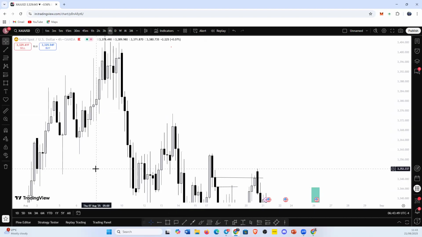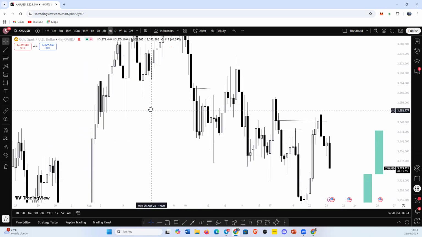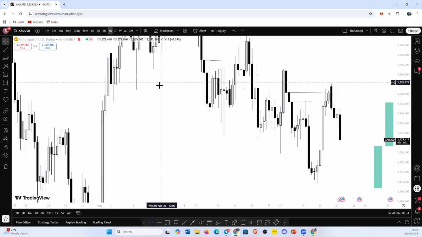Continuation of a trend. This is another place where they use it to continue a trend. Here, this one, this is another one open, then comes back to it, tap into it. This is another one here, open and close.